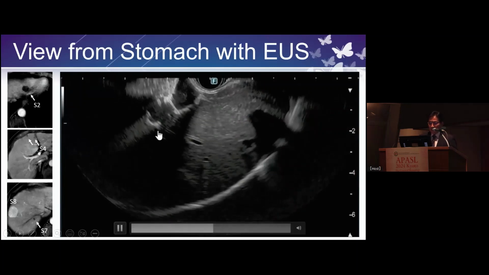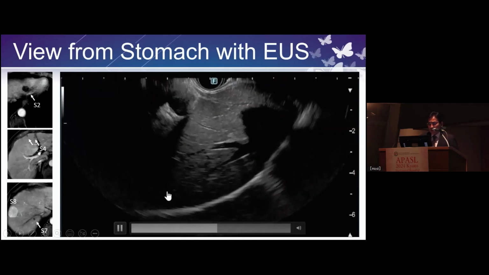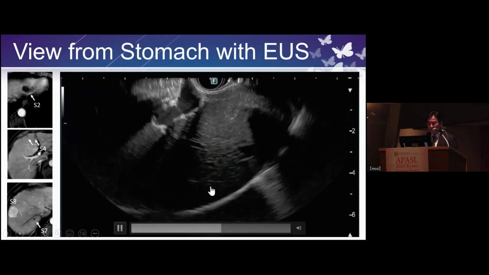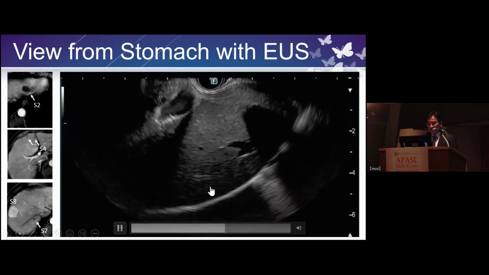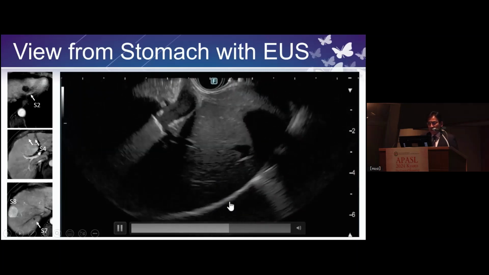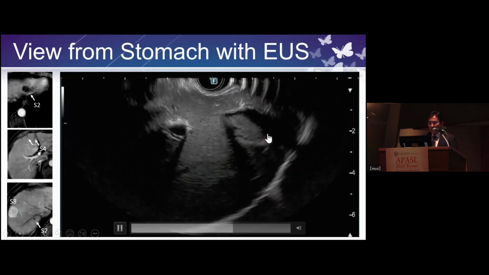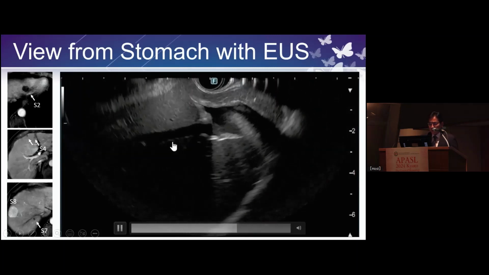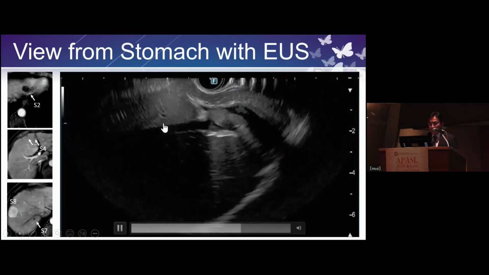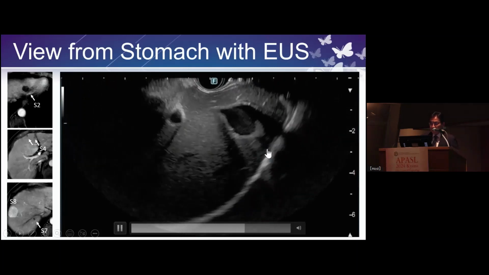Okay, P8. So around here, I want to see the segment 8 tumor. But at this time, I cannot see the segment 8 tumor. But I will see this is the portal vein, posterior portal vein. This is a, can you see?